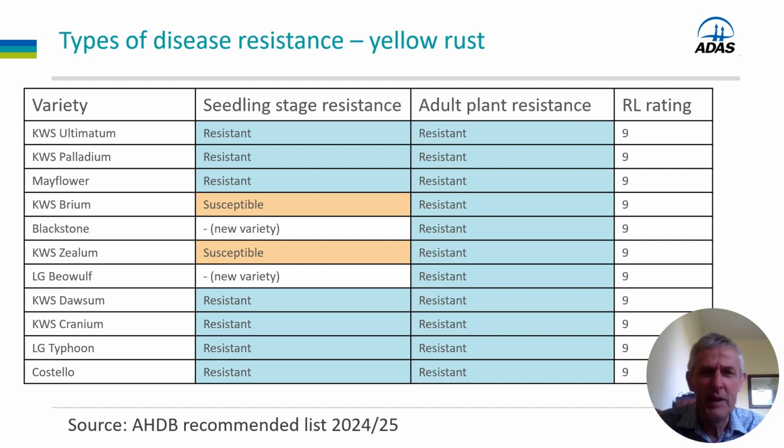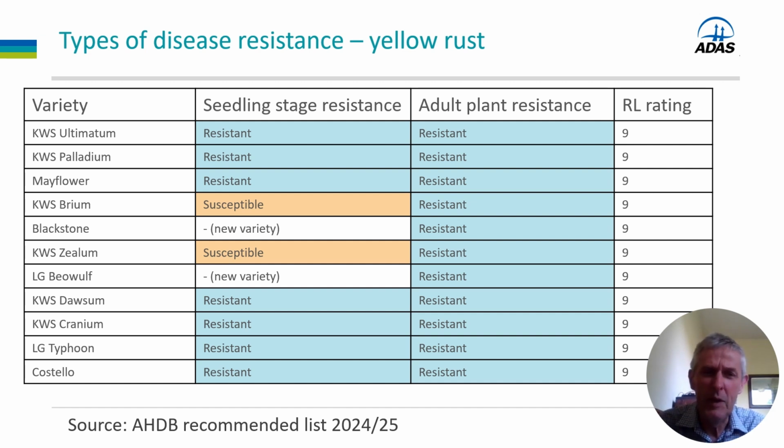But what we can see is that some of these varieties are resistant throughout their life, at the seedling and at the adult plant stage, whereas a couple of these varieties are actually susceptible at the seedling stage but become resistant as they become more mature and as they move towards emergence.